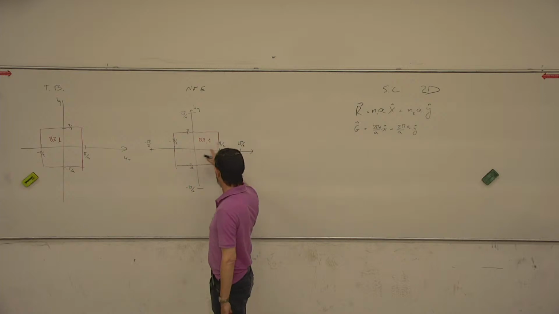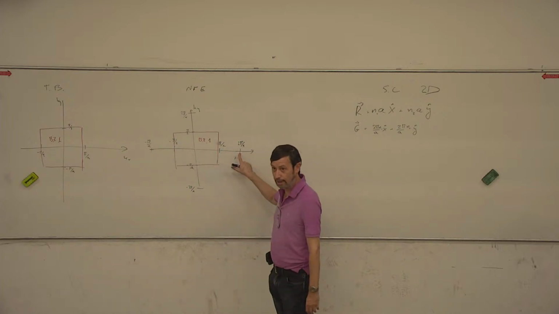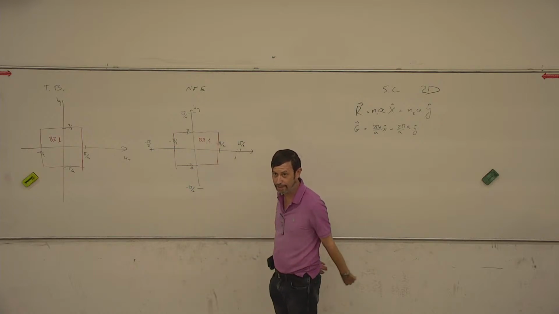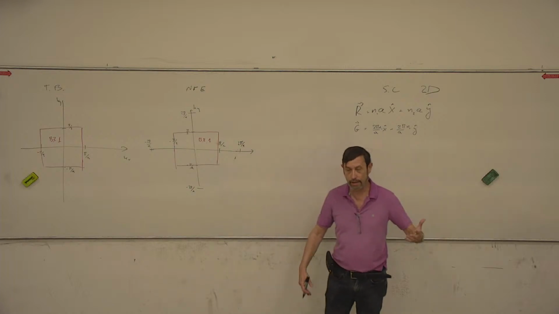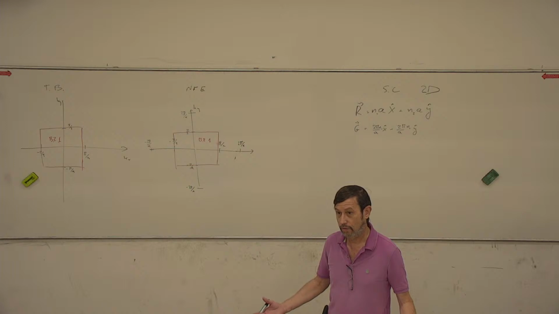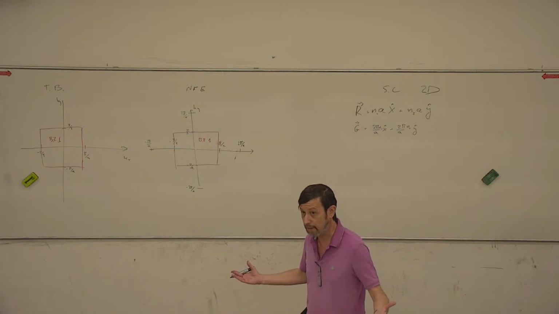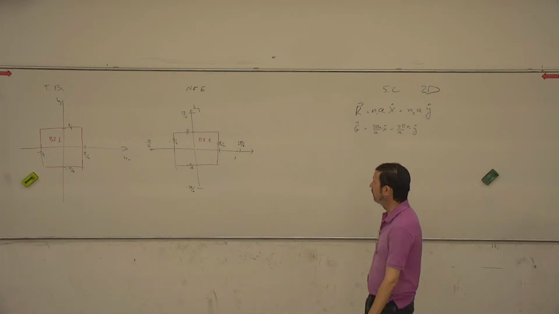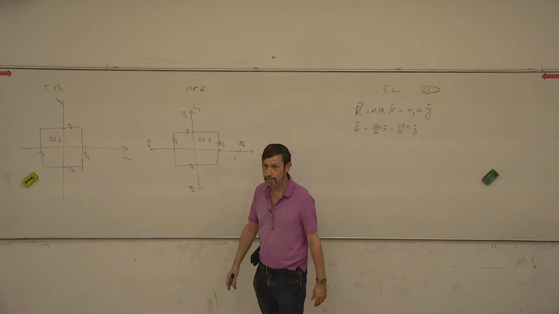I draw lines to the nearest neighbors, mark the half, and draw a line perpendicular. So if you don't remember, and if I'm doing it in real space or in reciprocal space, it doesn't matter. Same.